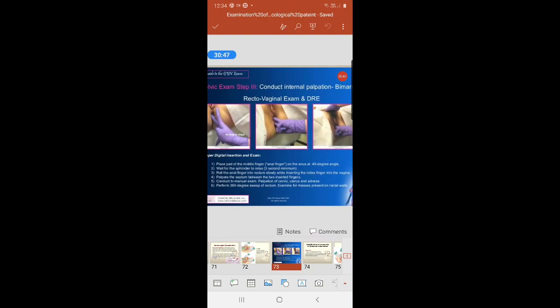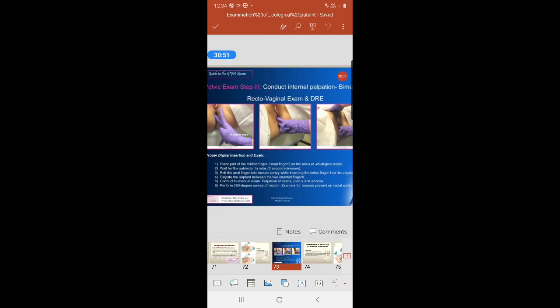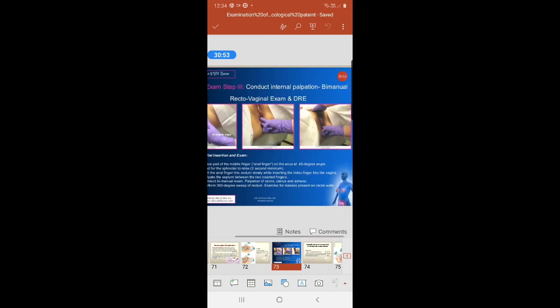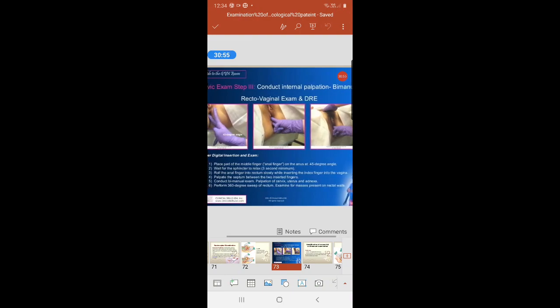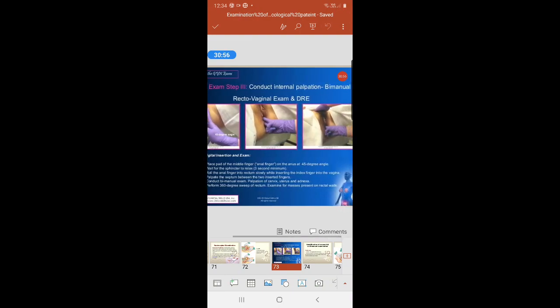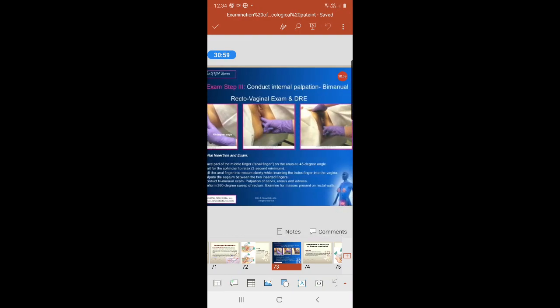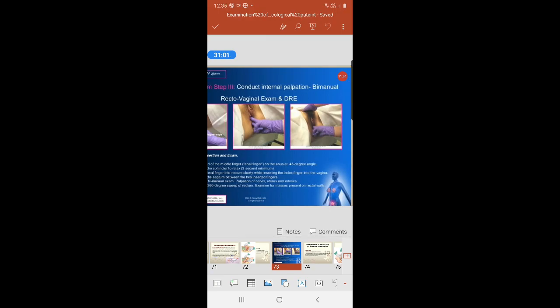Then palpate the septum between the two inserted fingers. Conduct bimanual examination also: palpation of the cervix, uterus, adnexae, and perform a 360-degree sweep of the rectum. Examine for masses present on the rectal wall.